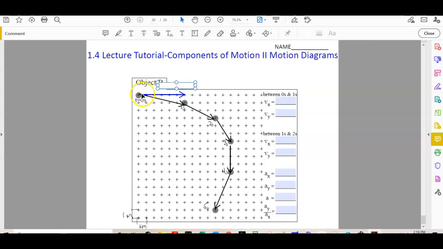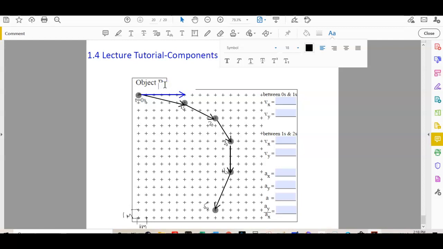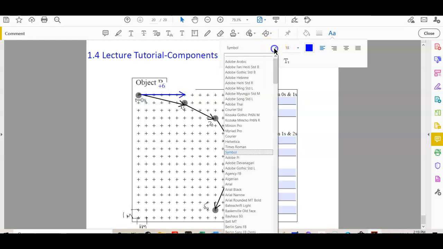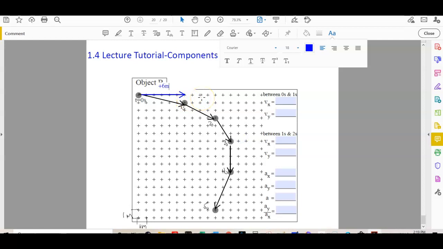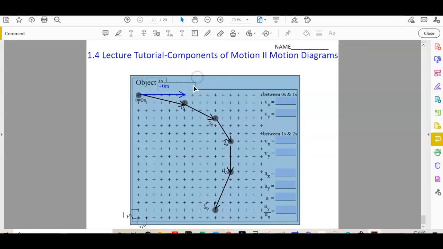And how many blocks is that? 0, 1, so it looks like 1 meter, 2 meter, 3 meter, 4 meter, 5 meter, 6 meters. So it looks like it's traveling a positive 6 meters to the right.